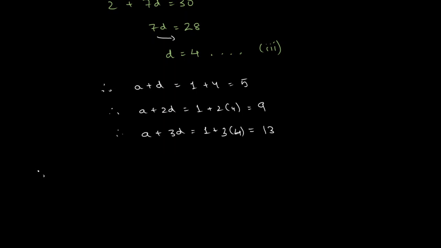So I can say, therefore, the required arithmetic progression is 1, 5, 9, 13. Well, if I had to write one more, it would be 17, and so on, right? With the first term as 1 and the common difference as 4. This is my final answer.